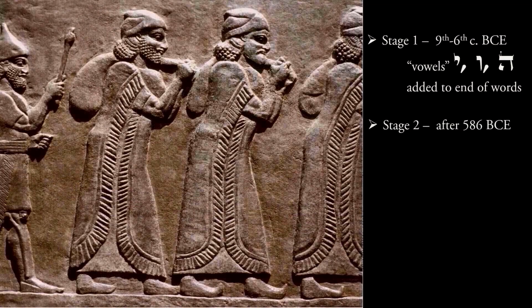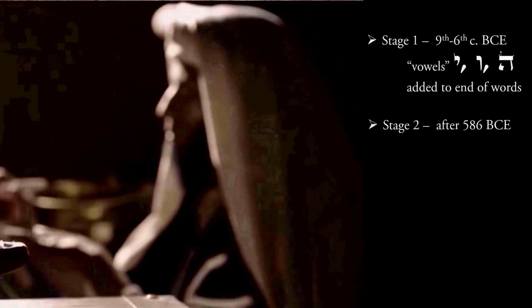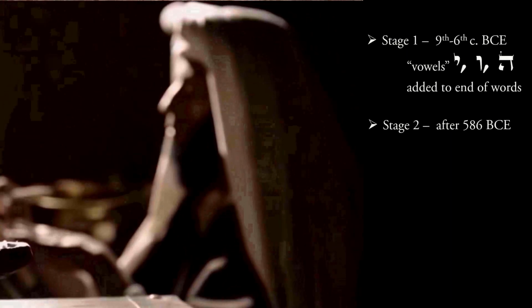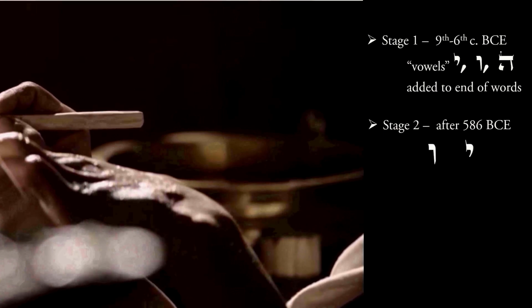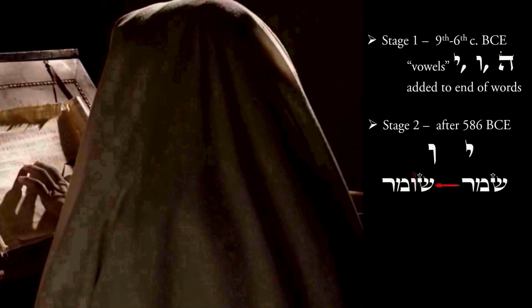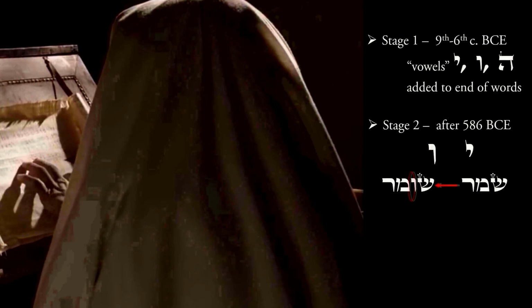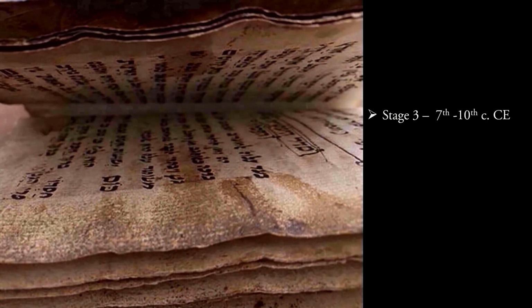The second stage was after the Babylonian exile. This time, the consonants used to represent vowels, like the yod and the vav, were added within words. The final stage began the reform of the text 100 years later, from the 7th to the 10th centuries.